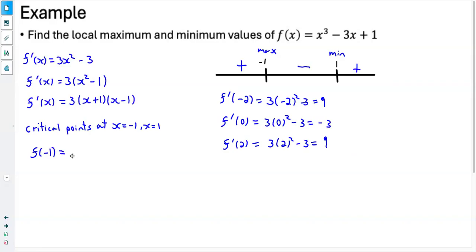So that would be negative 1 cubed minus 3 times negative 1 plus 1, and that gives us 3. So we know we have a local maximum at negative 1 comma 3.